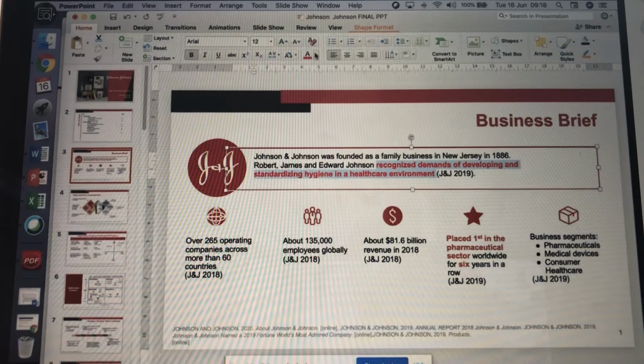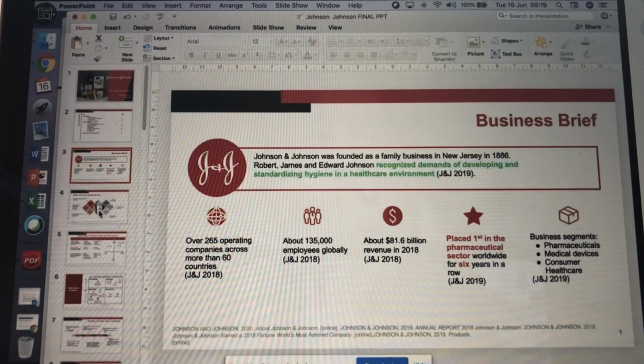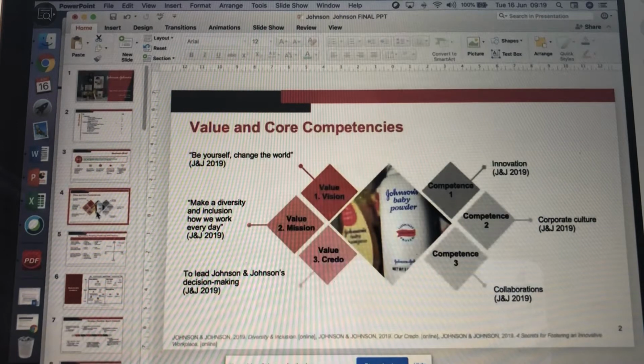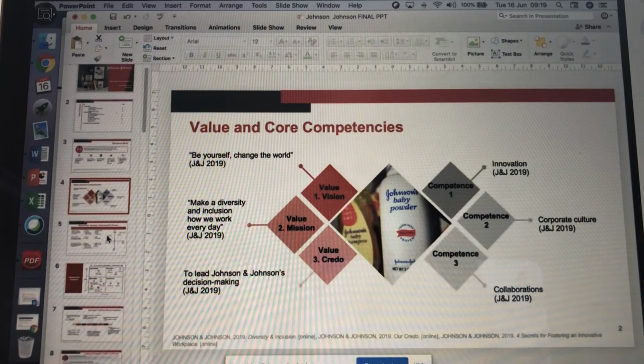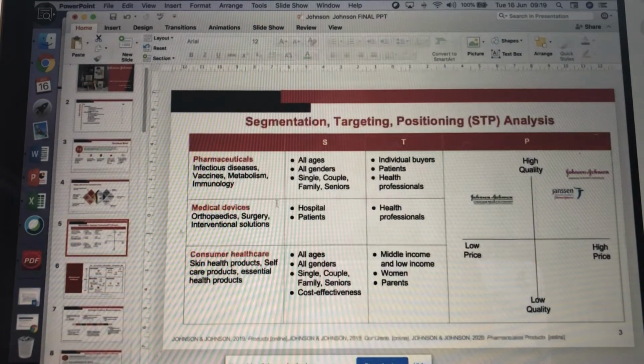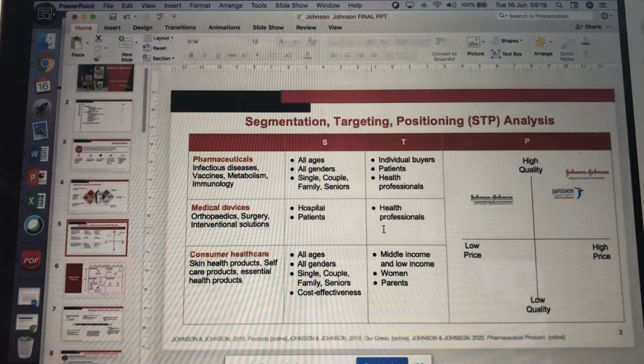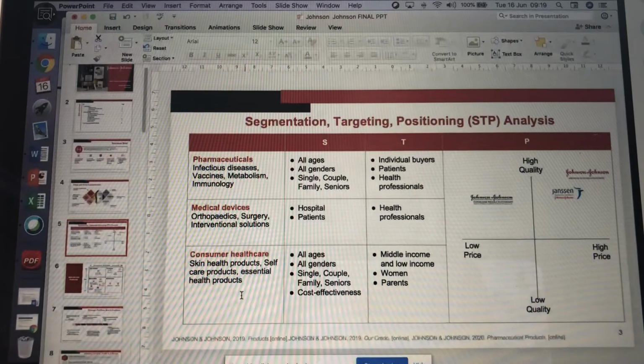So the company brief and the value and core competencies of the company can be included. Then you have the types of segments they may be involved with, or target or positioning, where they position themselves in relation to other industry players.